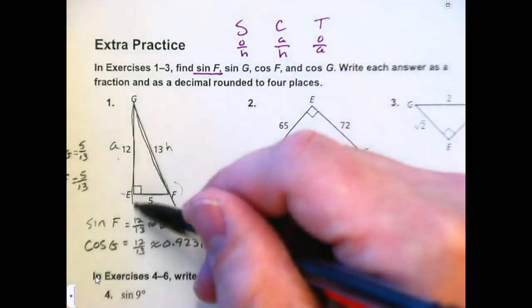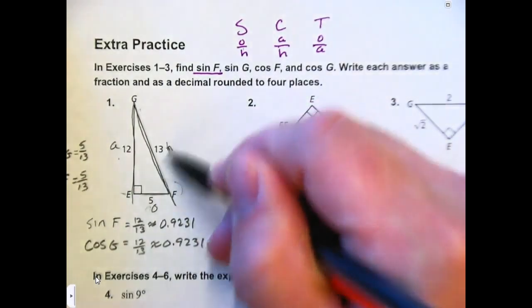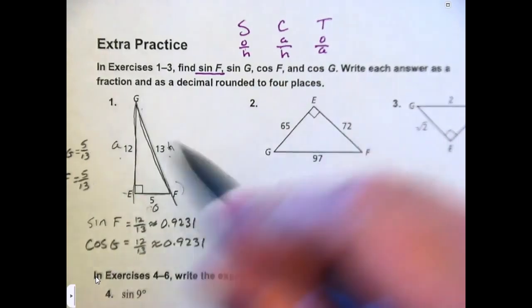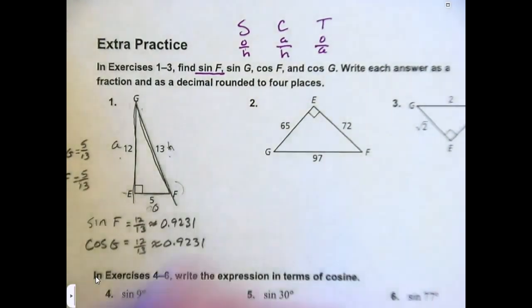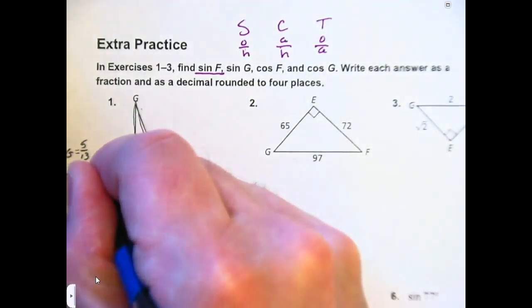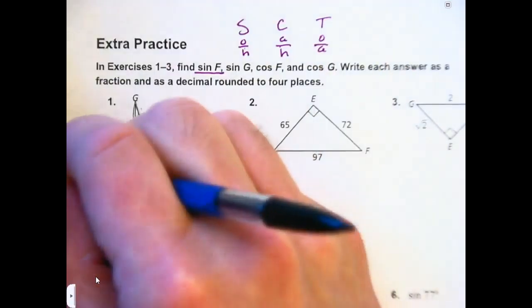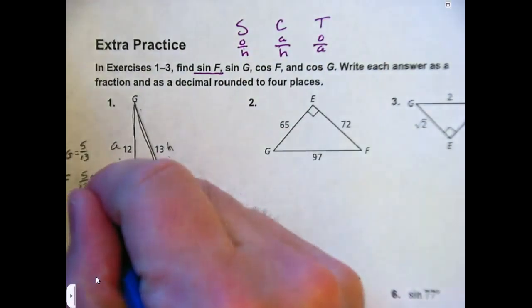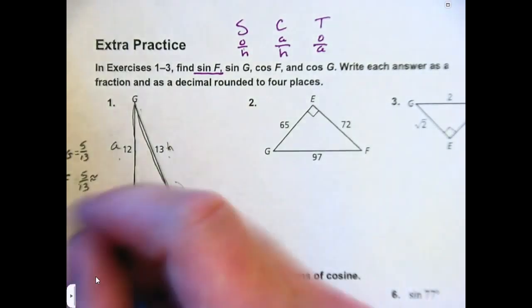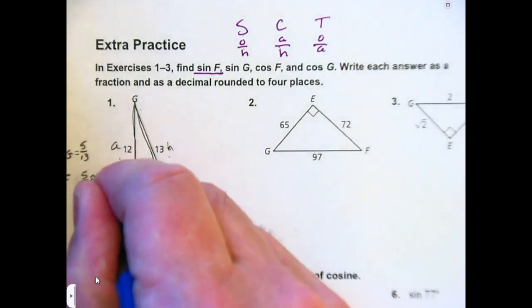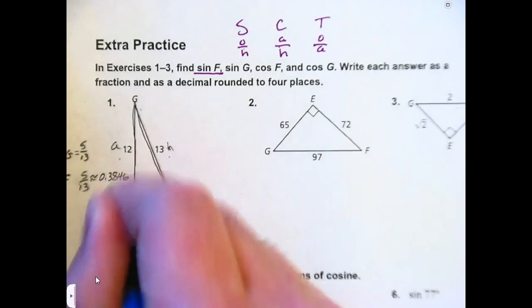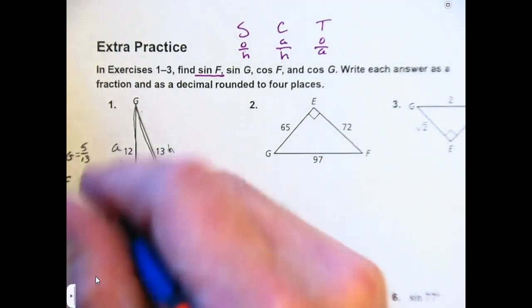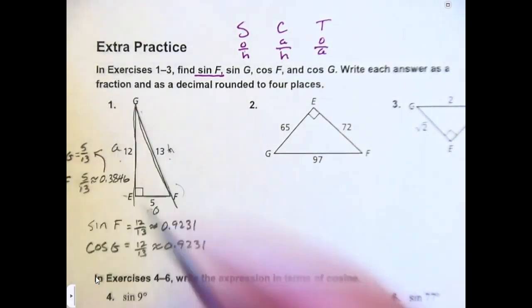If I go G opposite over hypotenuse, that's 5 over 13, and we know that these two are going to be the same. Approximately 0.3846. The same value there as well.